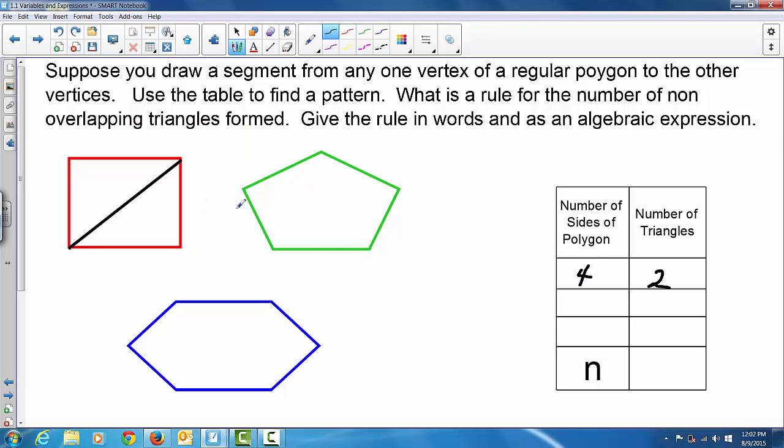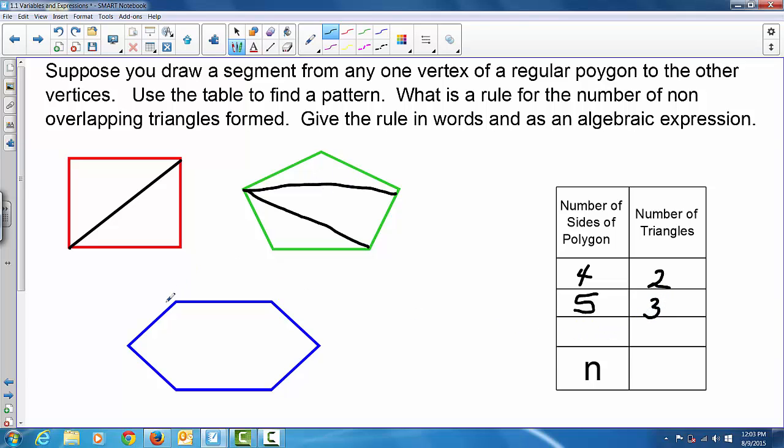Alright, the next one. So we've got from here to here. We can go from here to here. Now if I draw from here to here, or here to here, then that means they're going to overlap. So how many sides did we start out with? 1, 2, 3, 4, 5. And how many triangles do we have? 1, 2, 3.